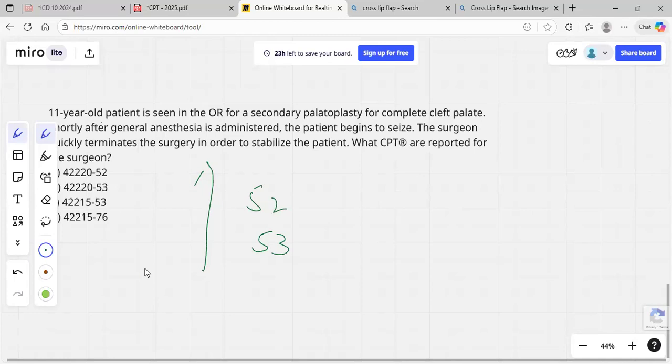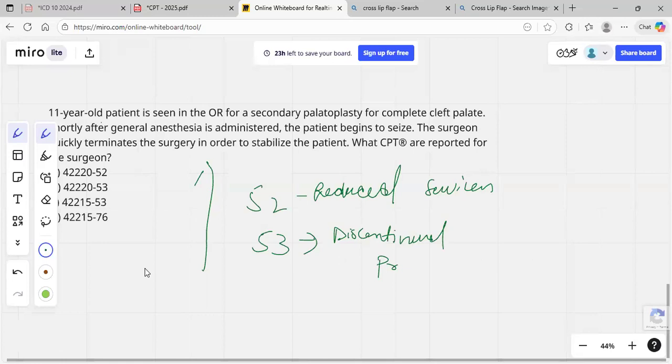Yes, ma'am. 52 is reduced services, like partially or eliminated completely, and 53 is discontinued procedures, like in this case, the surgeon terminates the surgery.